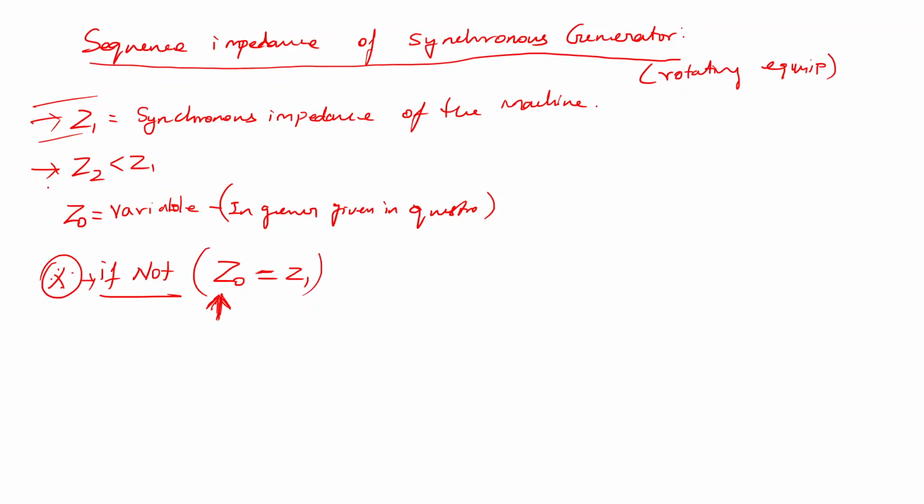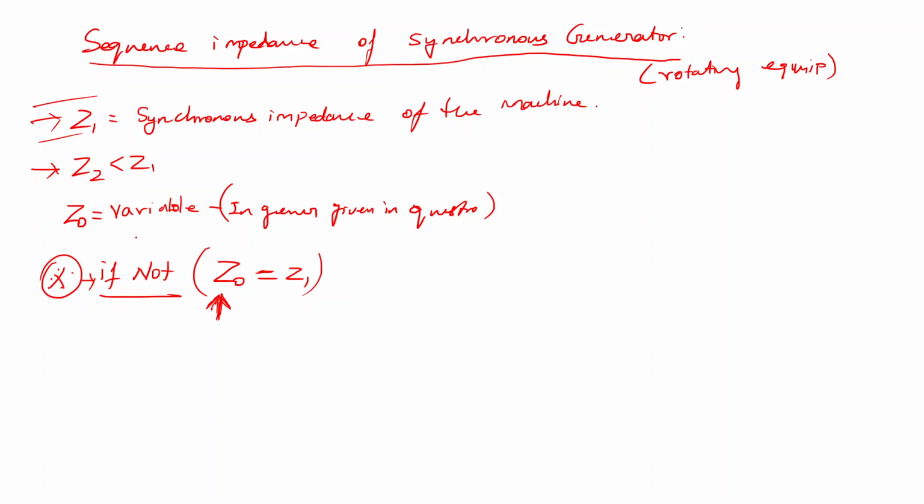If you try to find out Z2 and Z0, they are 0 only, because we are assuming initially it is a balanced network. Suppose you are having some value in Z0, then definitely it is not balanced. So some fault has occurred. Because of that fault, the zero sequence also has some impedance value. Okay, so that is the small observation you need to understand.